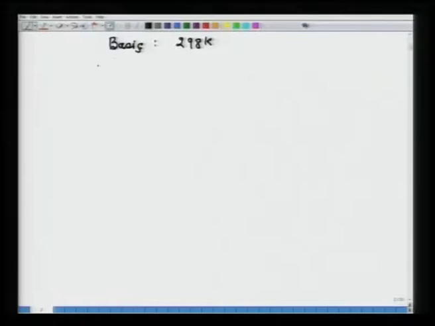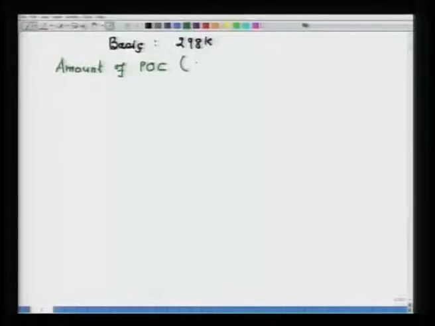First of all, we have to calculate the amount of POC, which I have calculated on several occasions. You can assume, let us say, y kg mole of POC and do the carbon balance. You cannot do anything else except carbon balance, because the coal is having 70% carbon and nothing else is given. So, in this problem the approach would be to go from the POC side. The amount of POC can be obtained by carbon balance.